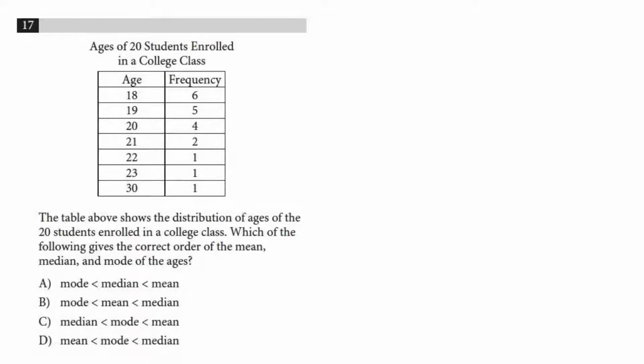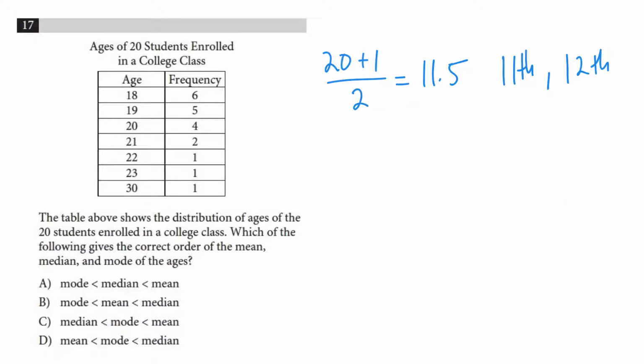So let's see. We've got 20 students, and we need to count in. The middle of that, the median, is going to be 20 plus 1 divided by 2. I'm going to find the average. Okay, and that's going to be 21 divided by 2, which is 11.5. So the median is going to fall in between the 11th and the 12th data point. Okay, so let's count in that many.